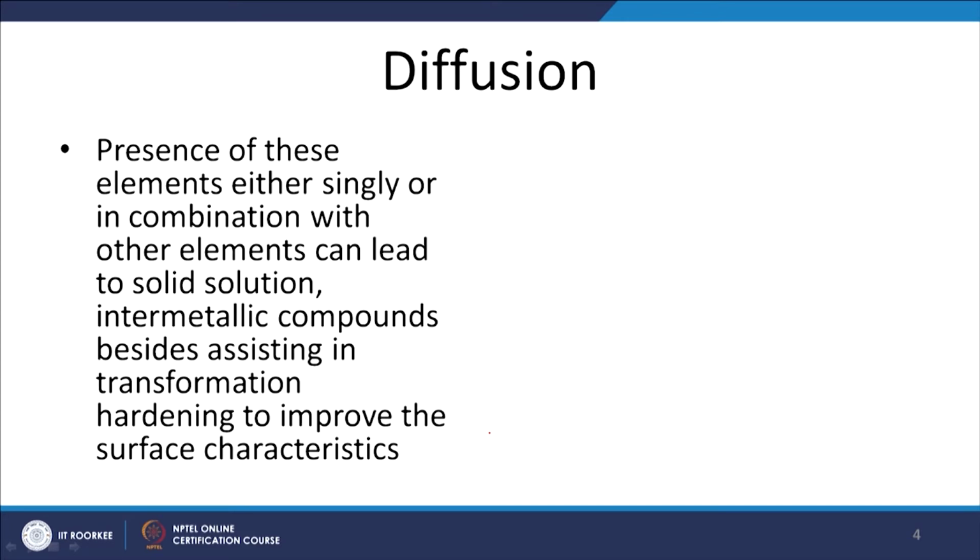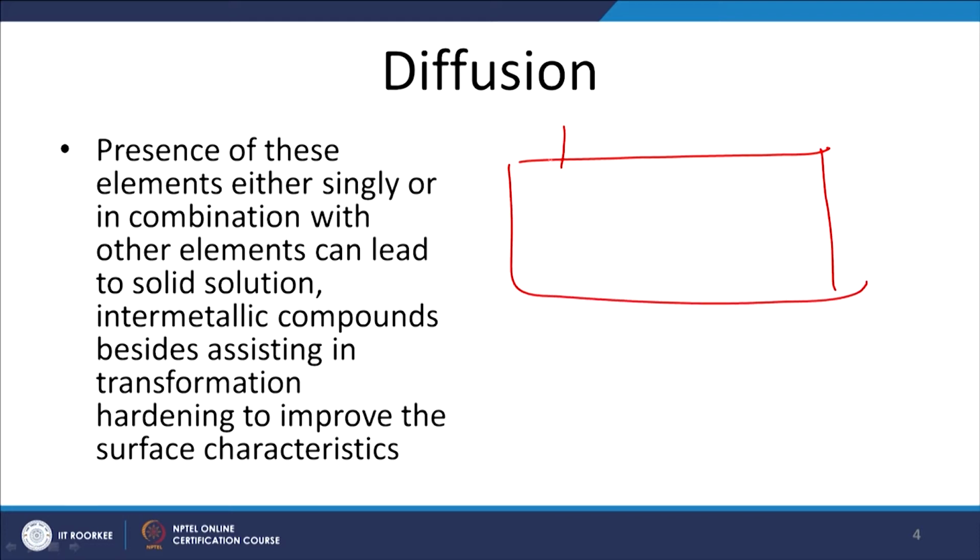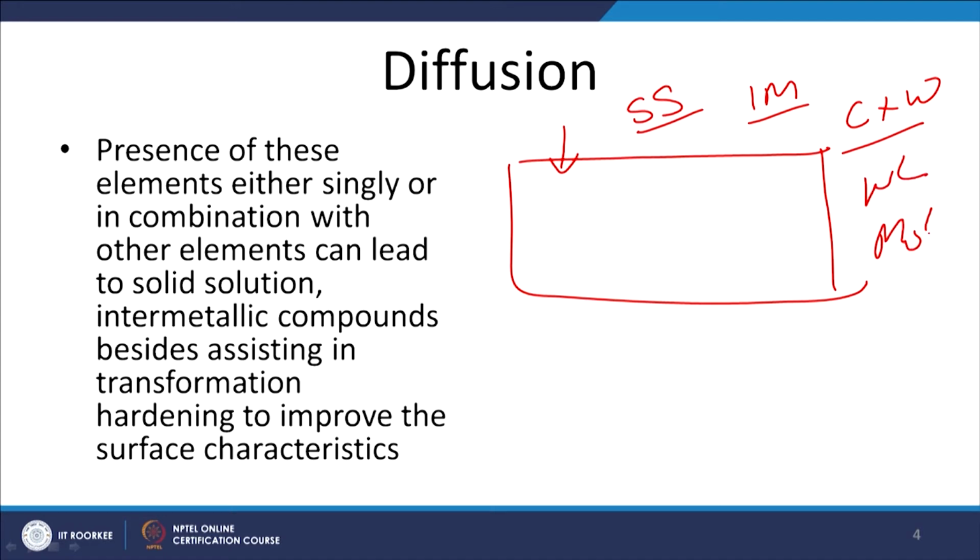Whenever these are added, they can work in a number of ways. One element may get diffused and form a solid solution, or it can form an intermetallic compound, like carbon reacting with tungsten to form tungsten carbide or molybdenum carbide.